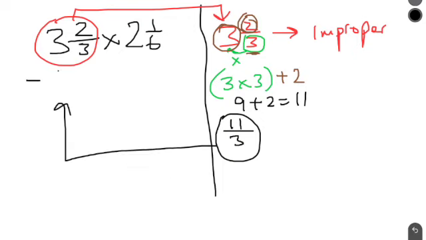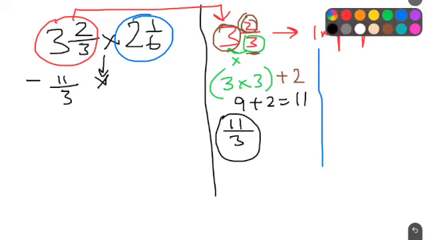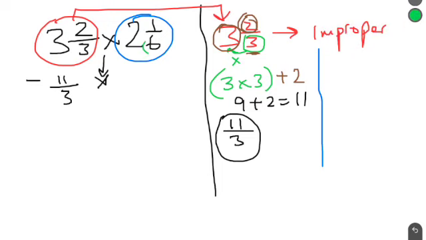Let me bring down the sign, times. Okay, so it's 11 over 3 times. And now we convert this to an improper fraction. And we look at the same procedure. 6 times 2 is 12.